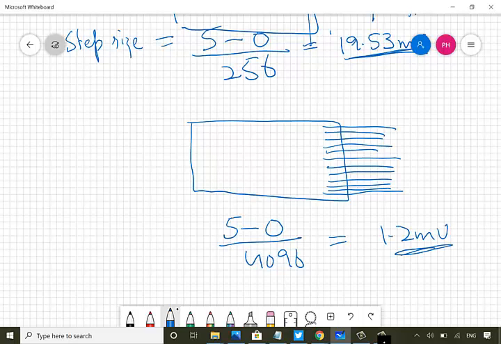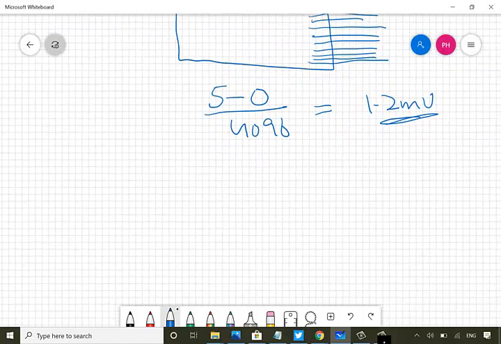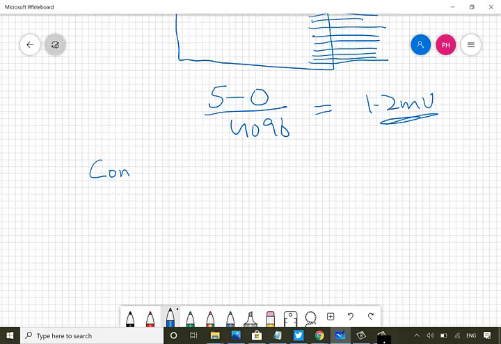So more the resolution, less the step size. Then there is another important term that's known as conversion time. Conversion time is actually the time taken by the ADC to convert analog voltage into digital voltage.